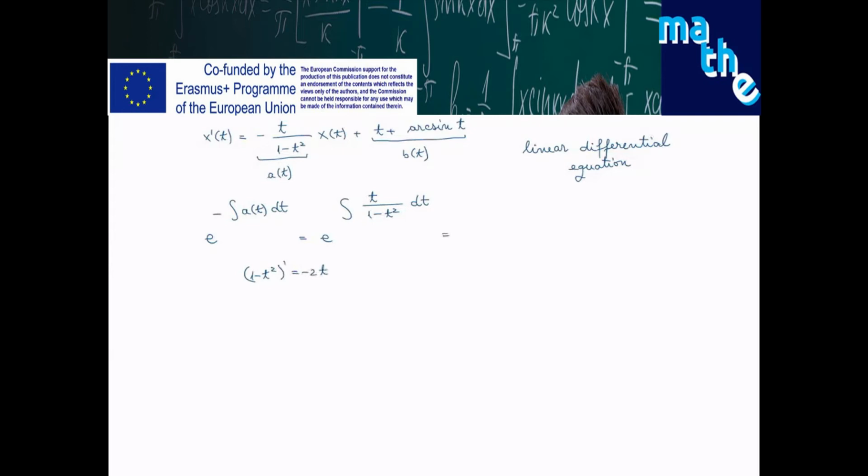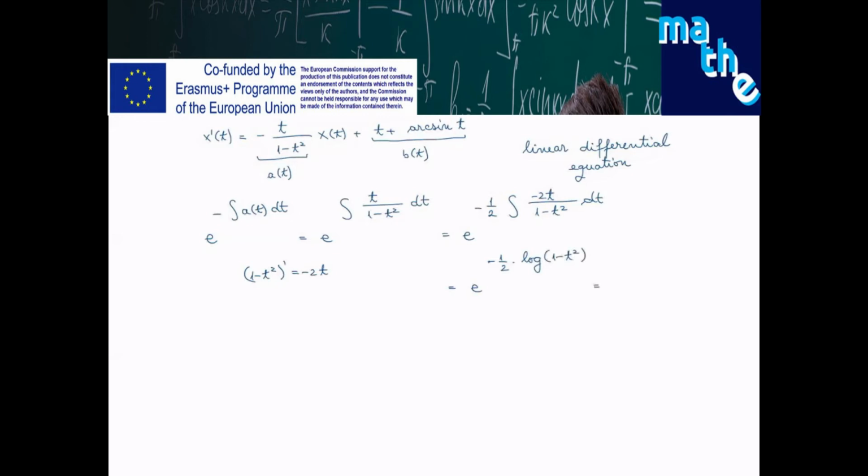So the previous term equals the exponential of minus 1 over 2 times the integral of minus 2t over 1 minus t squared with respect to t, and this is the exponential of minus 1 over 2 of the logarithm of 1 minus t squared.